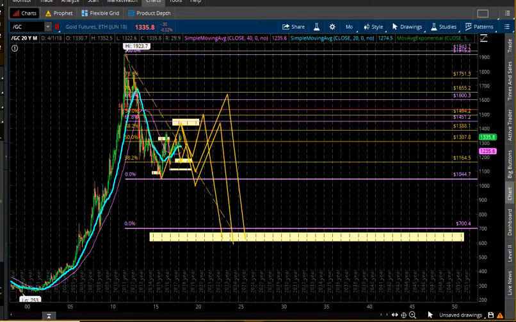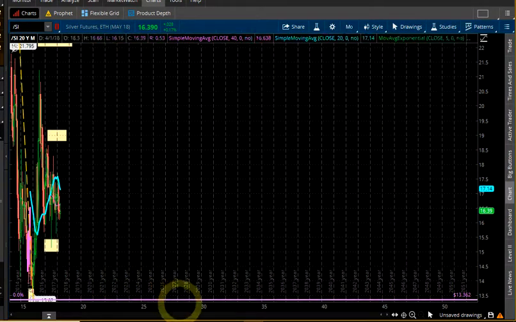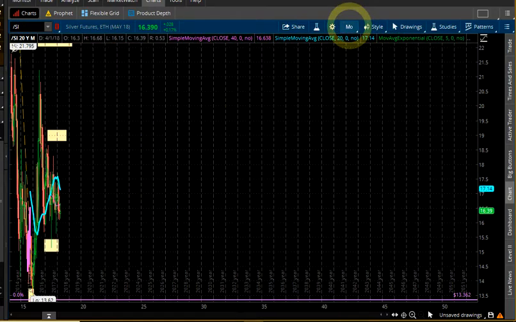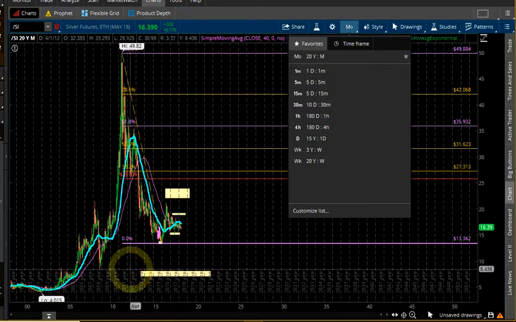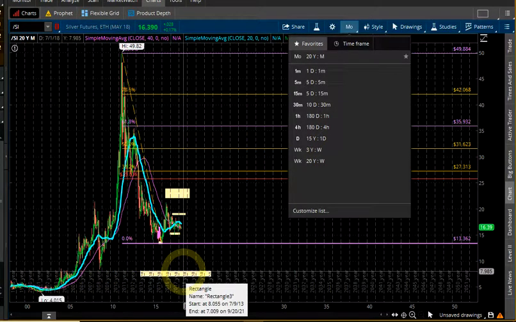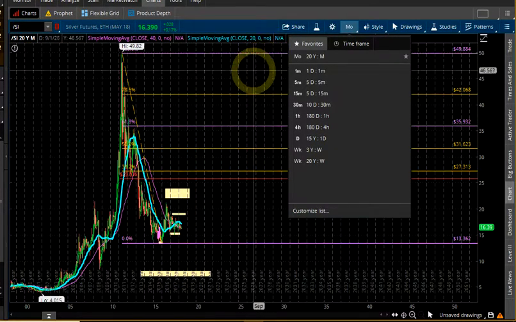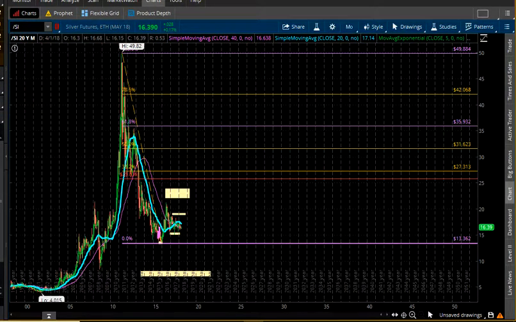The previous fourth wave low on silver is, let's see, why does my silver chart look like this? There it goes, it fixed. The previous fourth wave low is right here. So right here where I've got this 798, and those could go pretty high. Anyway, we beat that to death.